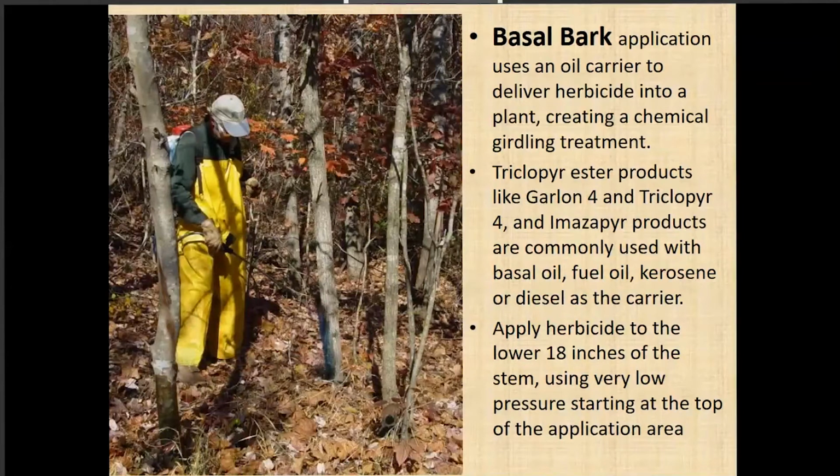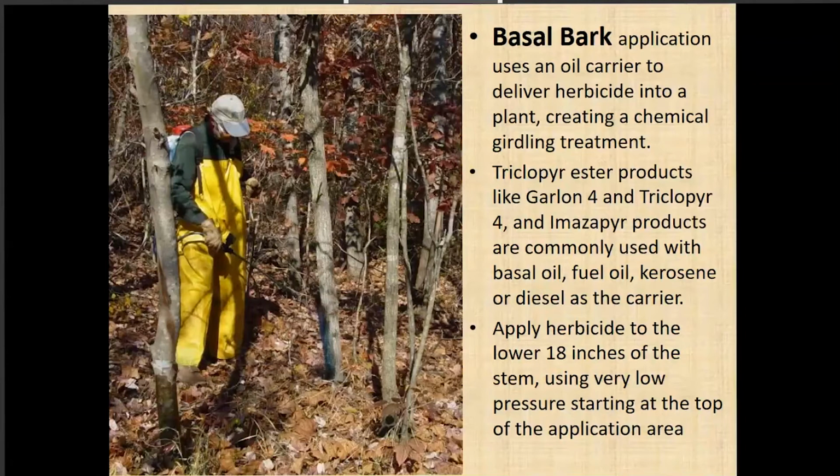Some of the materials that we use are triclopyr esters, products like Garlon 4 and Triclopyr 4 trade names, and also Invasive products, which are commonly used in this type of application, along with the carrier oil, which is an on-purpose formulation for herbicide use of basal oil, or fuel oil, kerosene, or diesel as carriers.